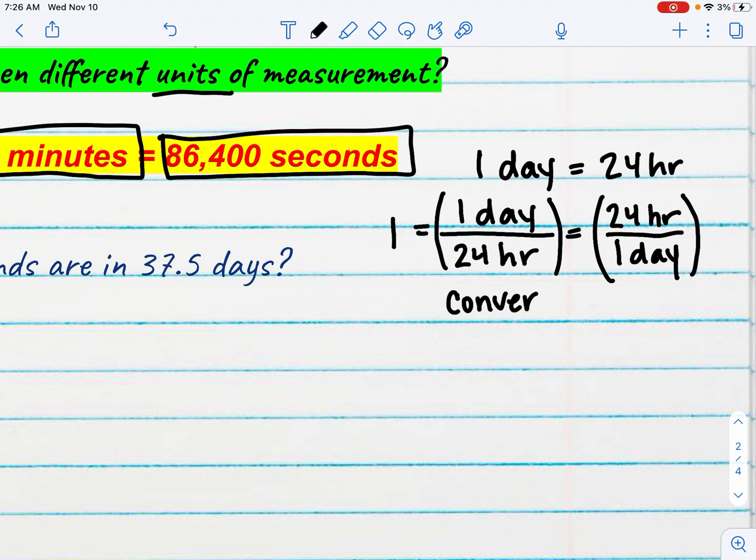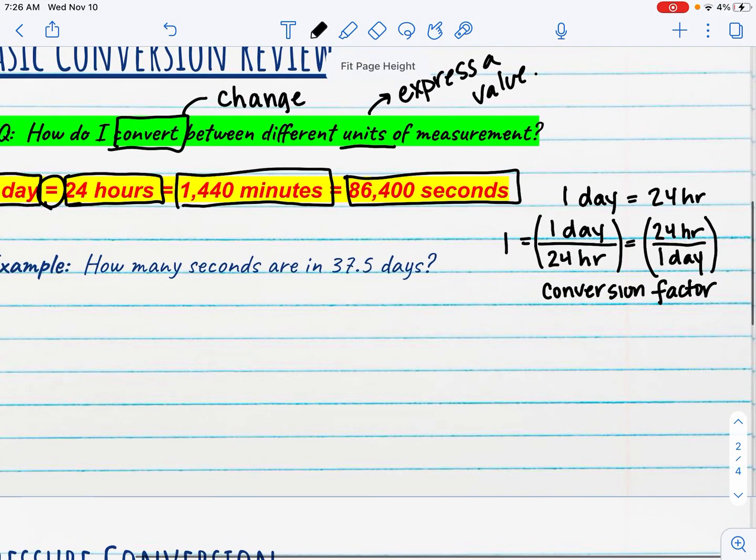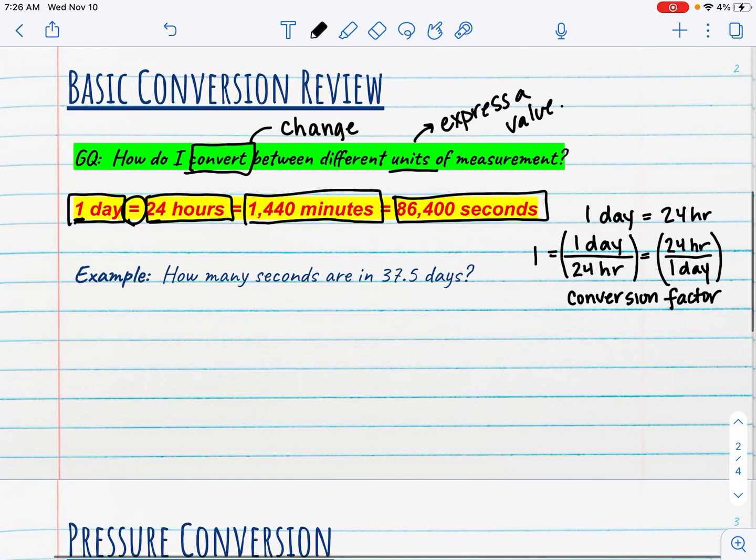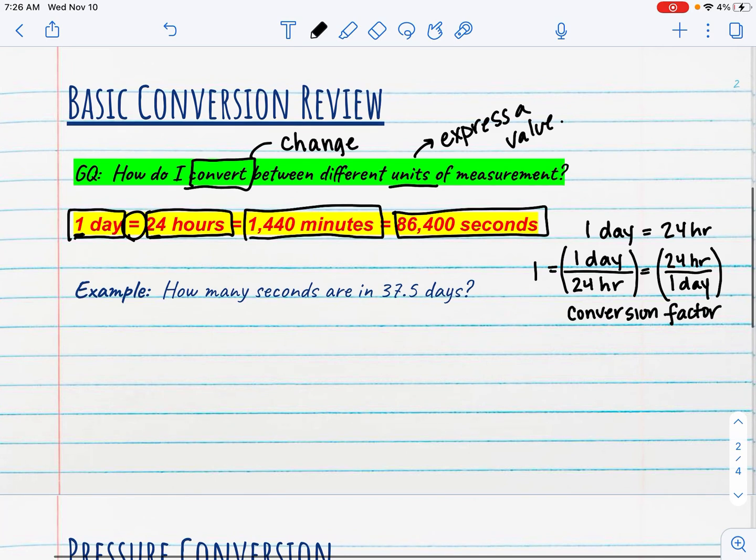Now, we went over this all in the first unit. So let's just do one example problem, and then we'll see how that applies to our pressure. All right, so this says, how many seconds are there in 37.5 days? So we always start with what we know. We know 37.5 days.